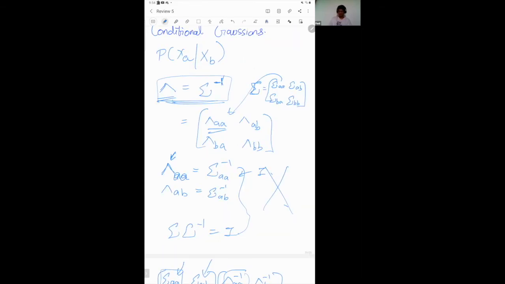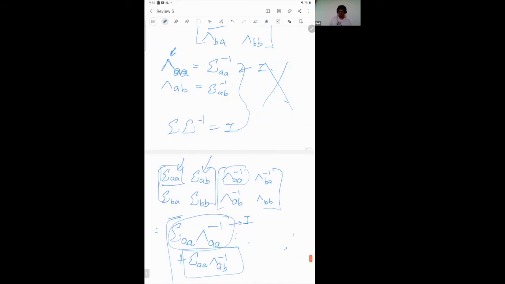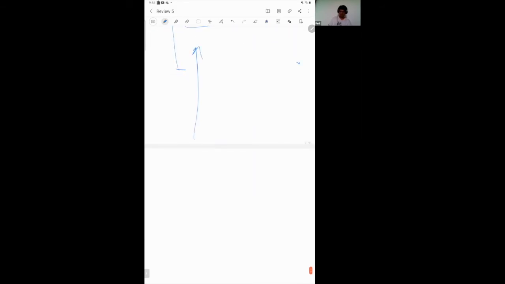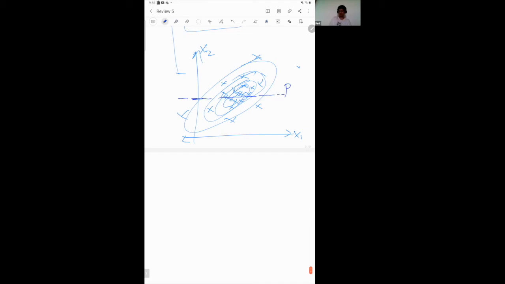Now we are interested in this, and intuitively what this means is, let's say we have a joint distribution with just two variables x1 and x2. This is our 2D Gaussian. And now when I say p of x1 given x2, if I simply draw a line, then I have been given some value of x2.